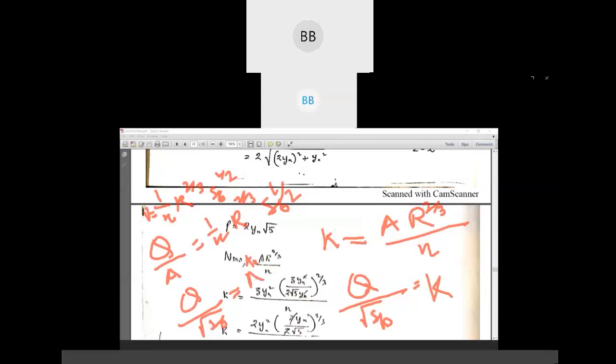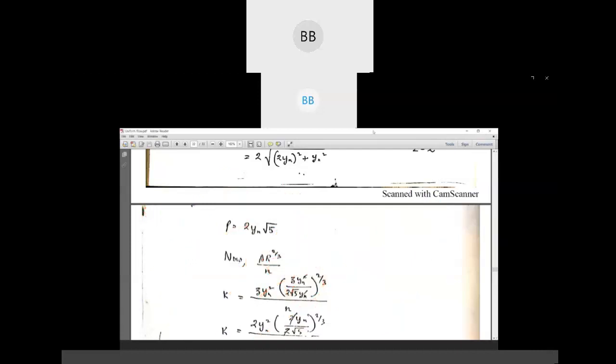So it will be area multiplied by R to the power 2 by 3 divided by n. This is the equation, and this Q over root Sb is nothing but your k. So we use the expression for k here, and then we substitute these values.